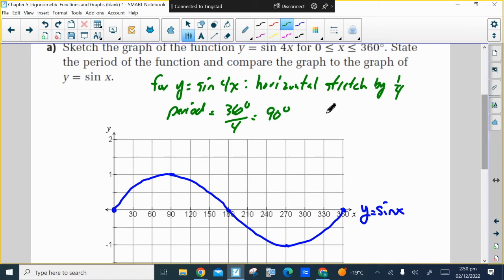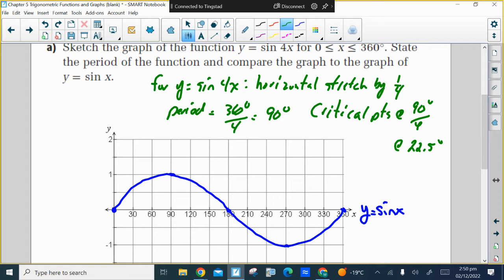Our critical points normally were every 90 degrees, but now those are divided by 4 as well, which is every 22.5 degrees. That one is hard to do here because of the scale. The scale along the x-axis for this graph is every 30 degrees. We can kind of estimate where they would be.